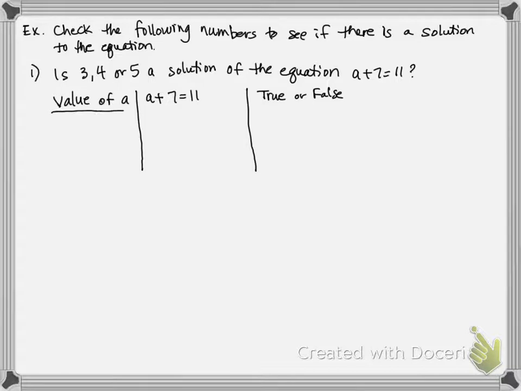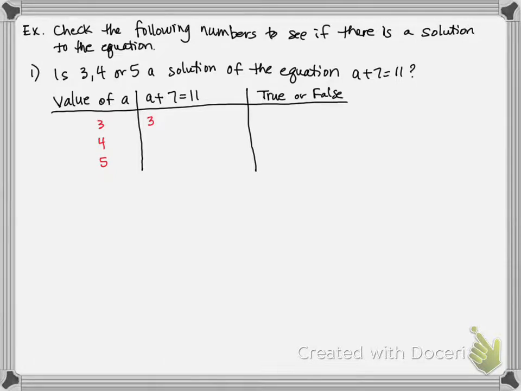Now, at this point, the types of equations we're going to be doing are going to be simple, and there should be only one solution. However, in just a little bit of time, you'll have equations, not this year, but in other years, that have more than one correct answer. Yeah, tricky, I know.